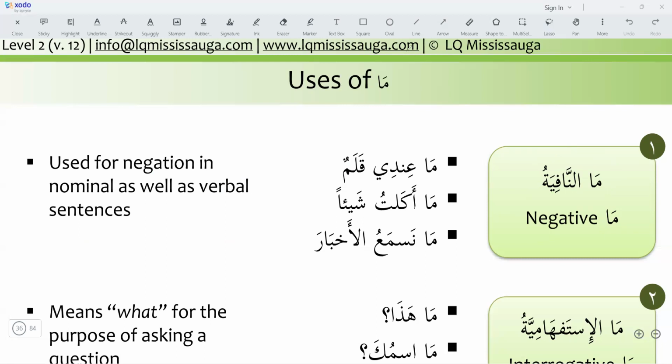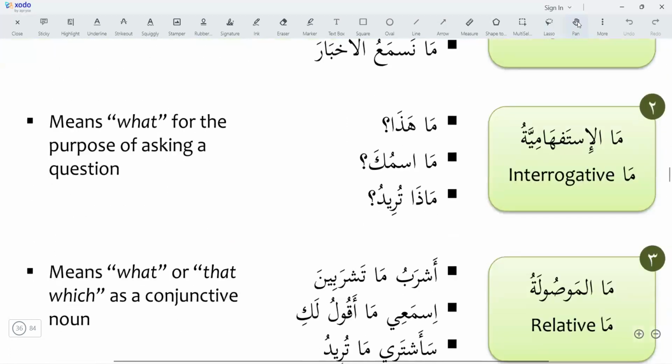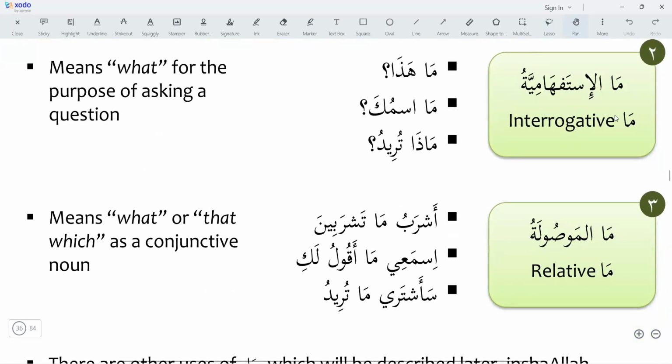And there is also ma al-istifhamiya, interrogative. Can I ask, sir, why can we not use la? La you can use for fi'l mudare as a habit, and ma, if we use ma, is for the present.